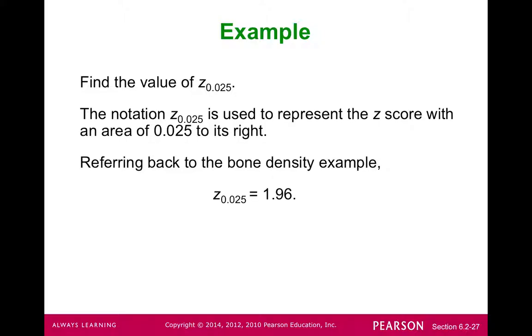So what we would do in this case is we would know that this is our area to the right. So we would need to subtract that from 1 to get 0.975 to then use that number in the center of our z-score table. And we'd find that that corresponds, again, just like it did in the previous example, to a z-score of 1.96. So this is just another way to write it. But I think it's a little more clear when you actually put it on a graph. But nonetheless, this is an acceptable way to do this as well.